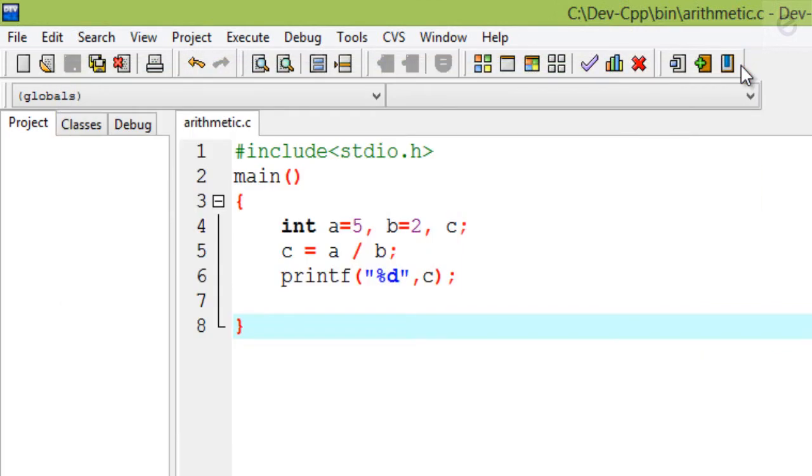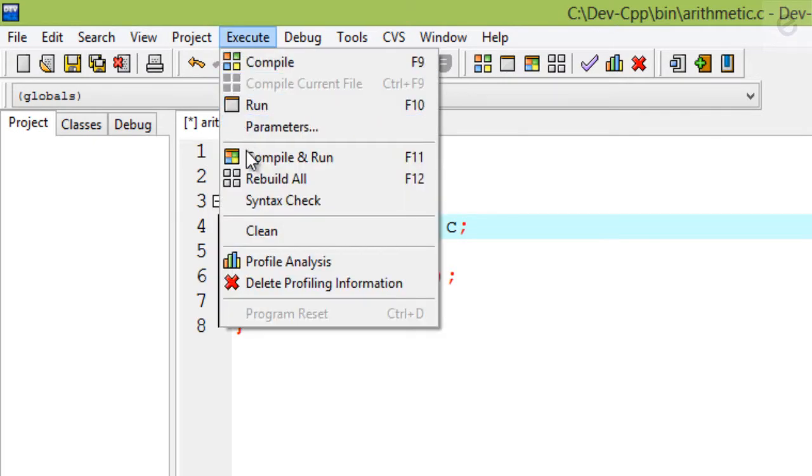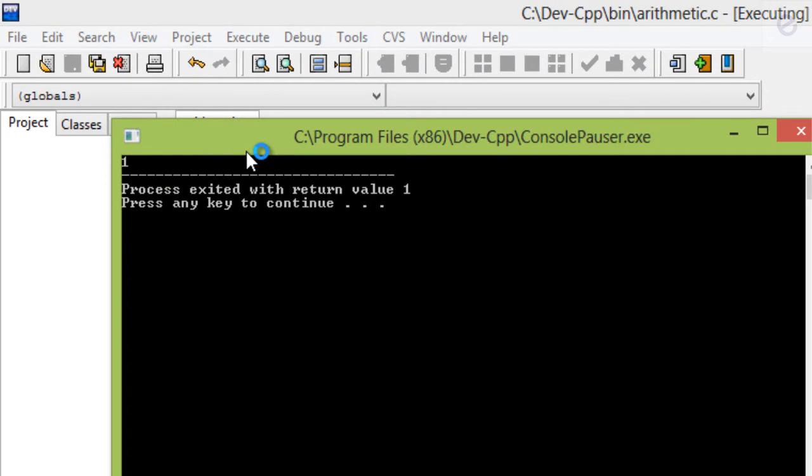Now if we exchange the value of b by 3 and now compile and run the program, the result printed would be 1, since only the quotient part is printed, not the decimal part, and 5 divided by 3 would be 1 times, that is 1 point something something.